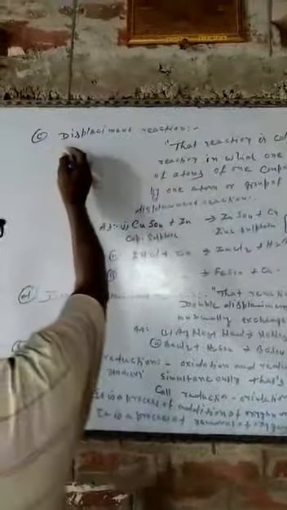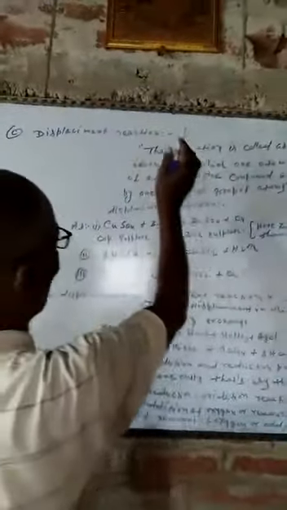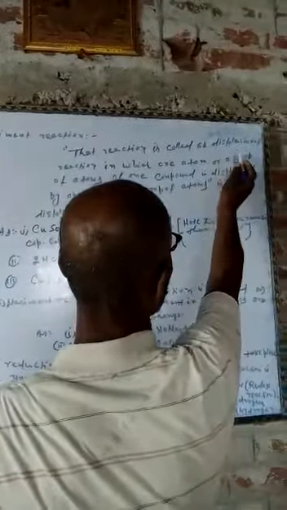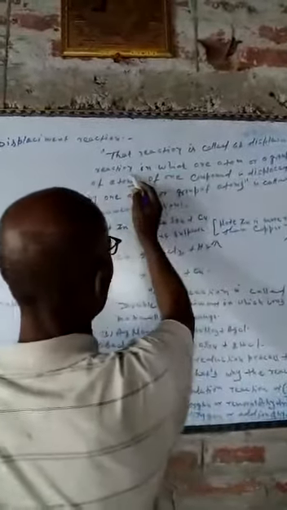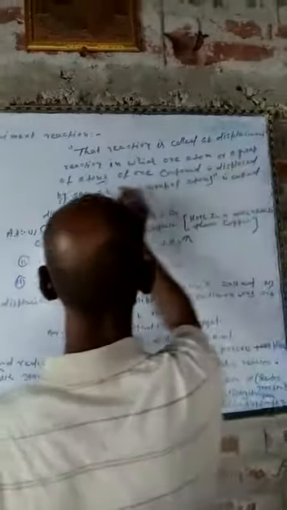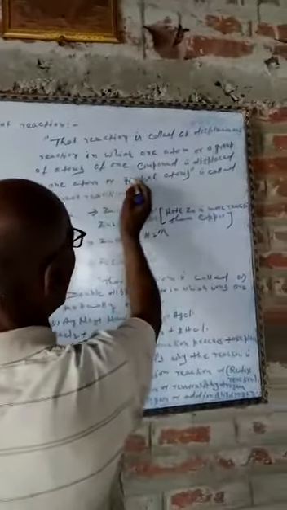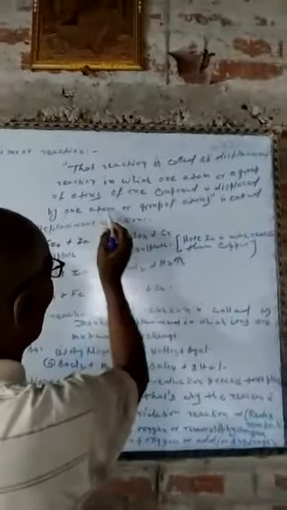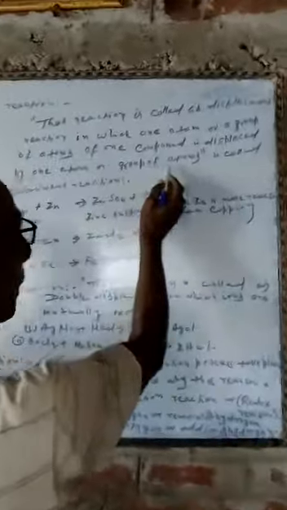The third, displacement reaction. That reaction is called displacement reaction in which one atom or a group of atoms of one compound is displaced by one atom or group of atoms.